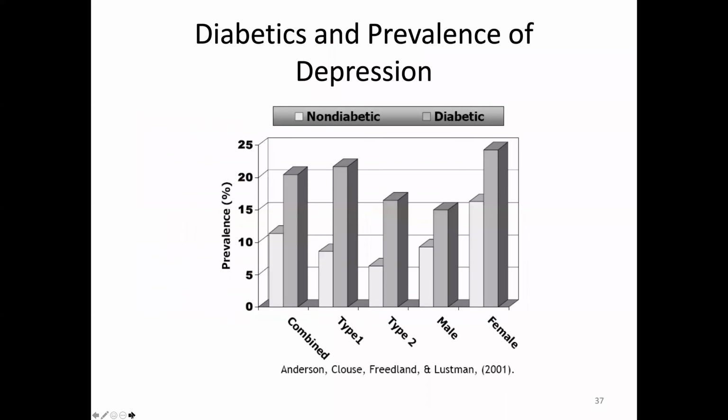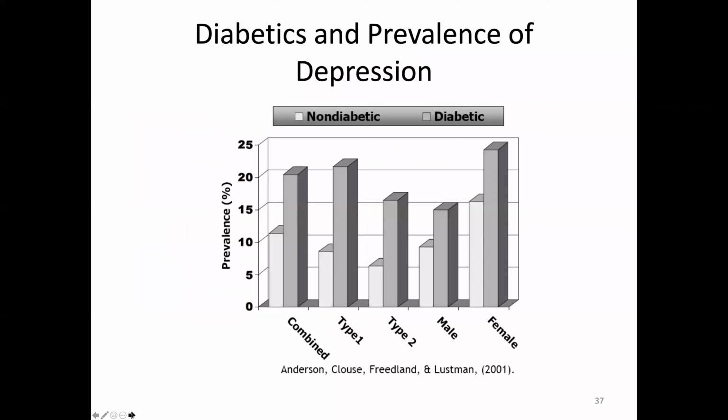There have been a number of studies. In this study from 2001, when you look at diabetic and non-diabetic populations and the prevalence of depression, you see that diabetics have a higher prevalence, even with type 1 and type 2 combined.